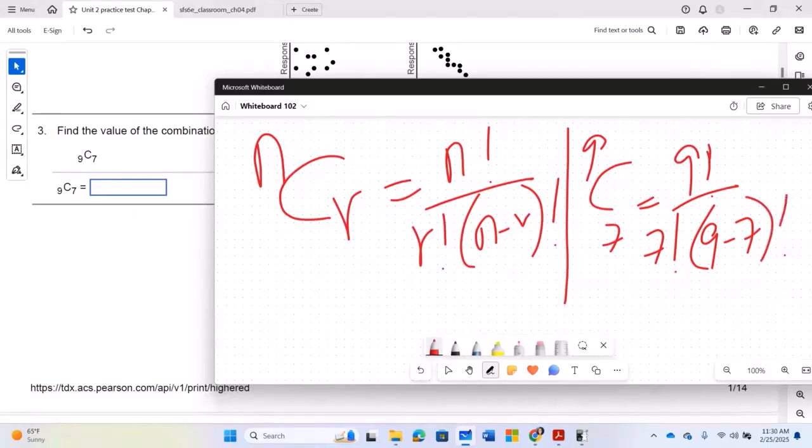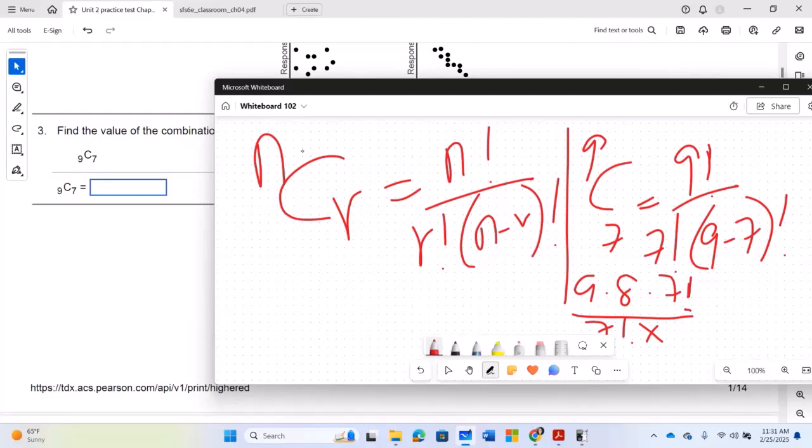We can simplify by hand and we can check our answer with a calculator. Suppose we are told to compute by hand. We write 9 factorial in the numerator as 9 times 8 times 7 factorial, stopping at 7 factorial because there is 7 factorial in the denominator also.